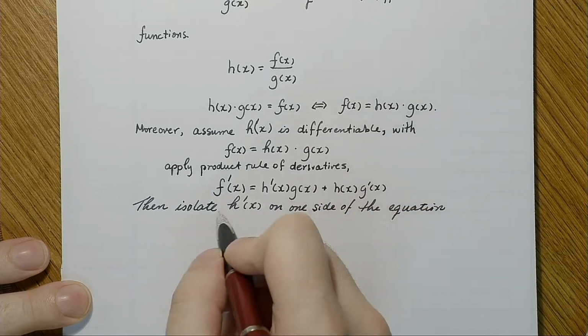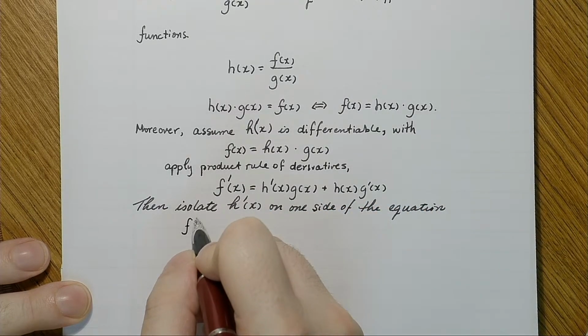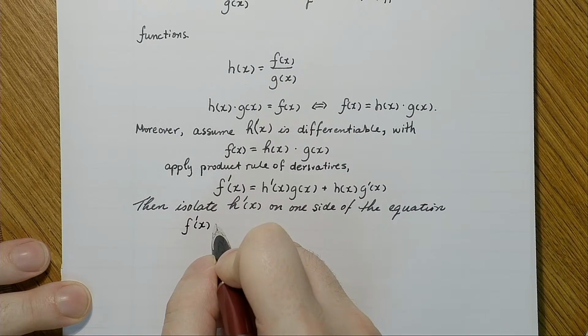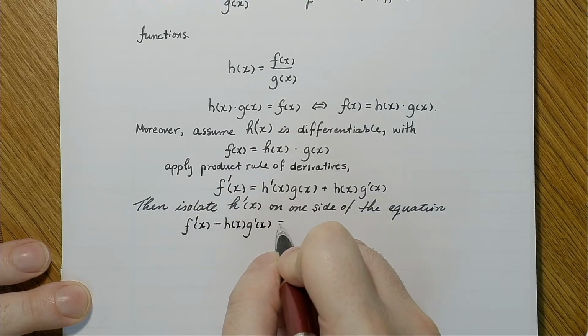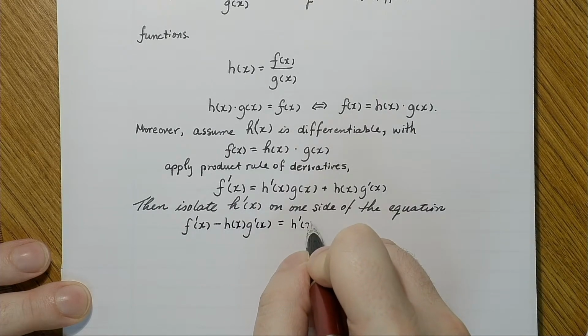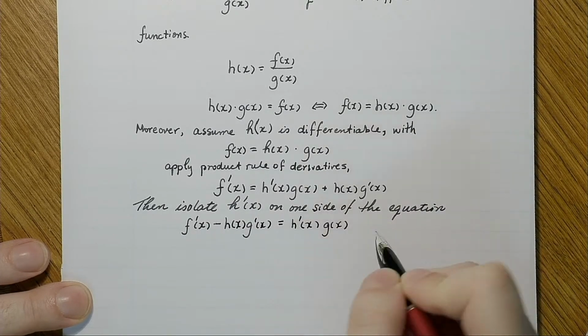I'm going to have f prime of x minus h of x, g prime of x is equal to h prime of x, g of x.